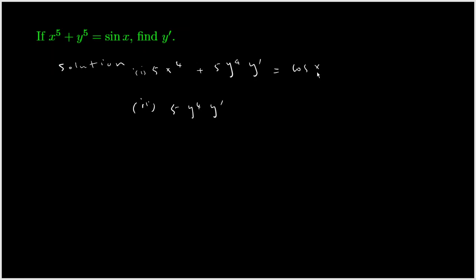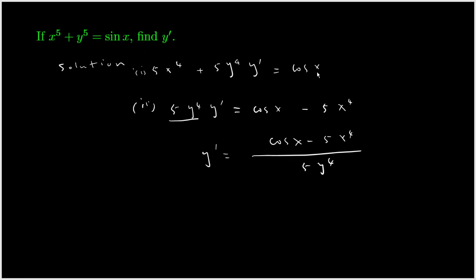I just leave the second term on the left hand side of the equation, and you move all other terms to the other side. And you have cos of x minus 5x to the power 4. Then you divide both sides of the equation by the underlined 5y to the power 4. So you have y prime equals, on the numerator, cos of x minus 5x to the power 4, and on the denominator, 5y to the power 4. This can be treated as the final answer.